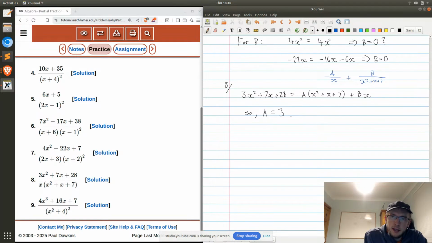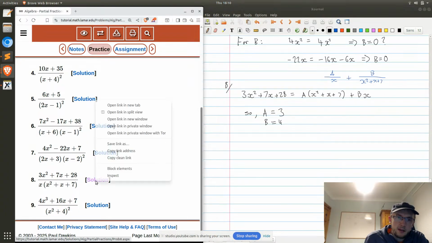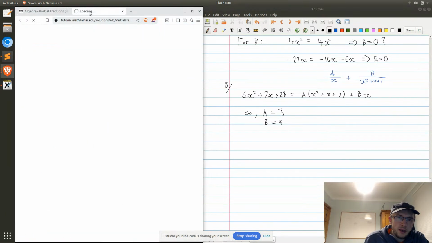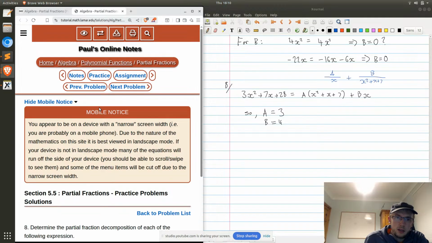But if a is 3 and a plus b must equal 7, wouldn't b be equal to 4? Indeed, yes, that's right. So I believe that there will be a 3 there and a 4 there. Seems too easy, seems too simple, but the only way to find out is to check.